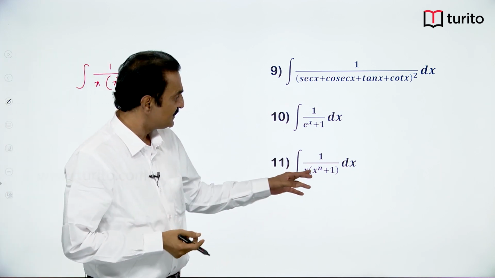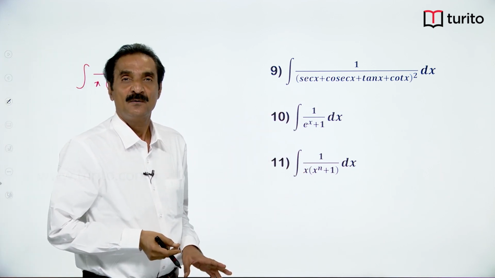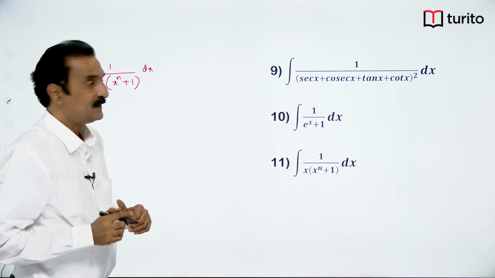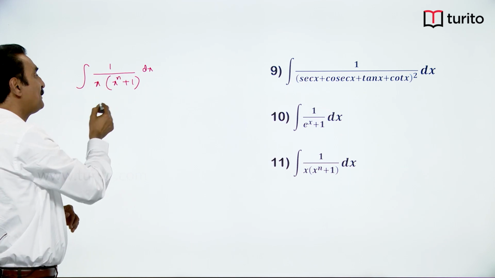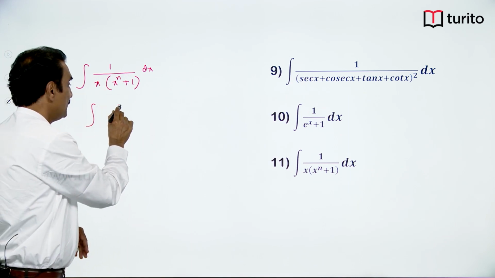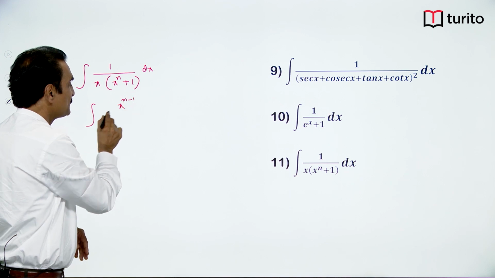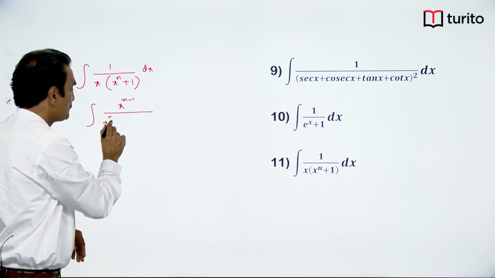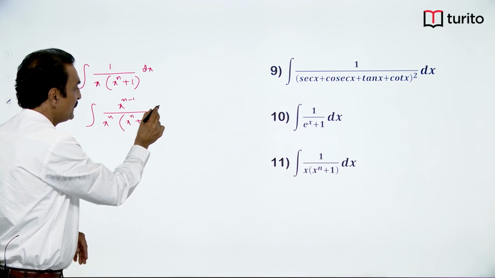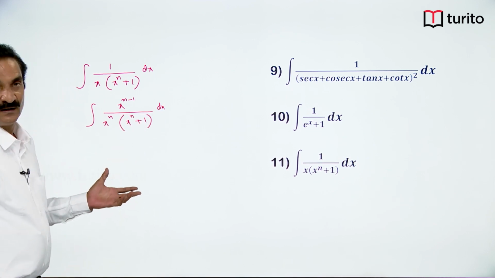The technique is the same as 1 by e power x plus 1. In method 1, we multiply and divide by x power n minus 1, it becomes x power n minus 1 by x power n into x power n plus 1.